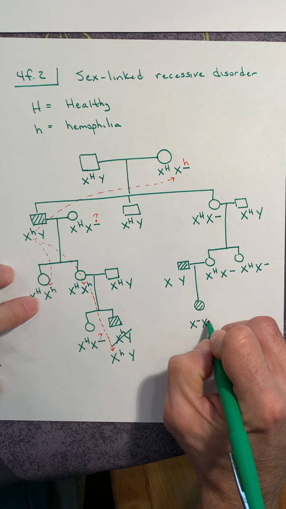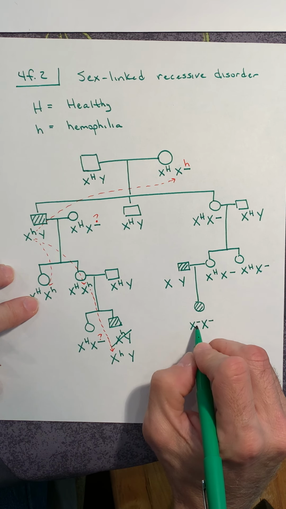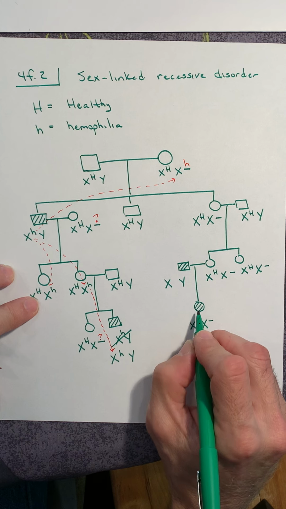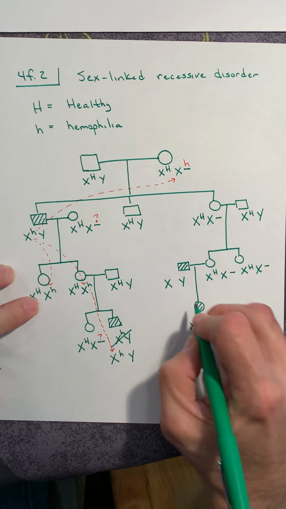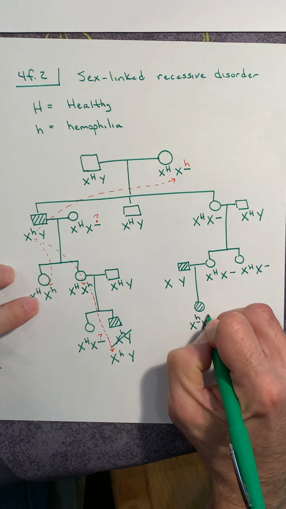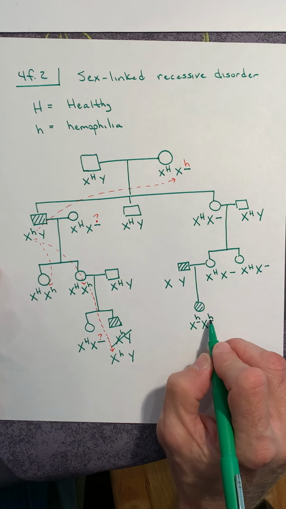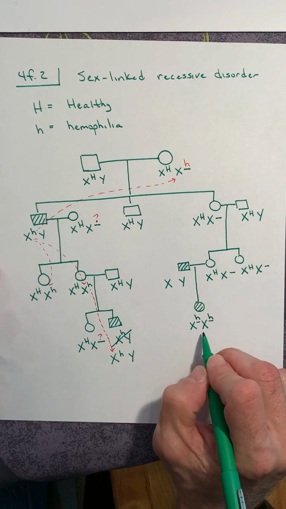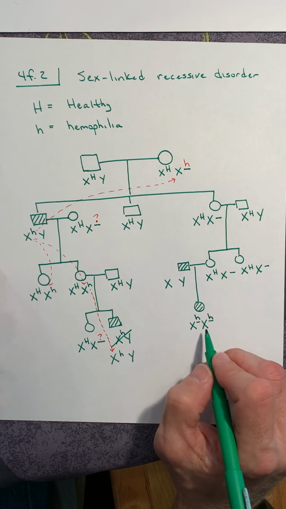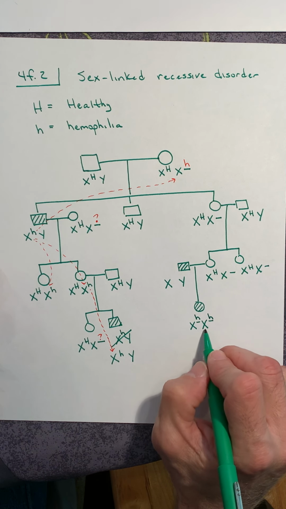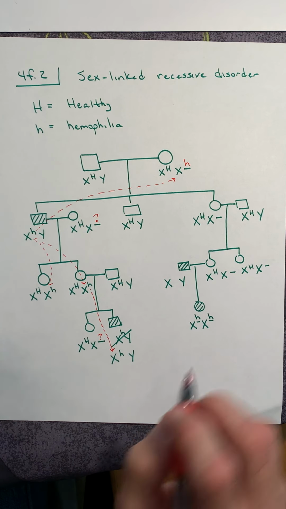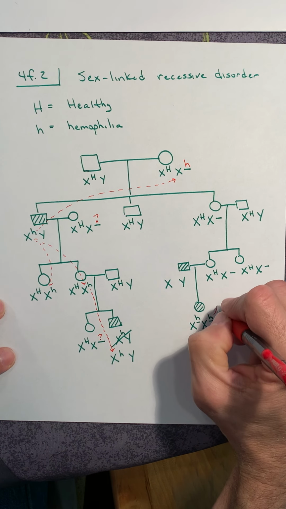So let's take a look at the daughter down here. She's a hemophiliac. In order for a female to be a hemophiliac, she has to have little h's on both of her X's. She has to have the recessive allele on both X's. Well, then what does this tell us? It tells us that these 2 X's came from her biological parents.